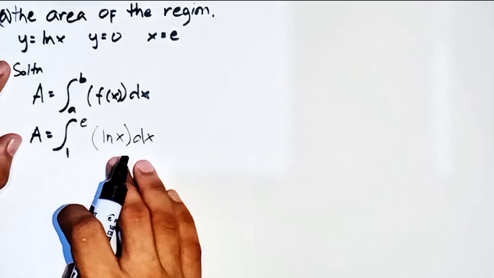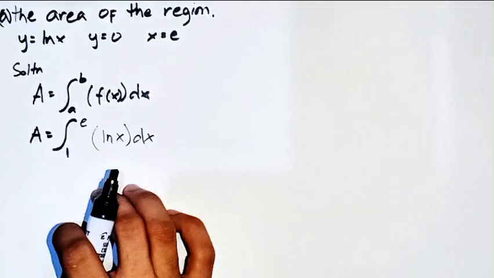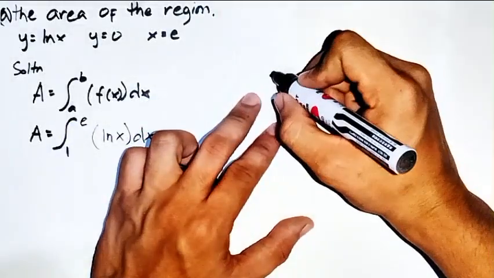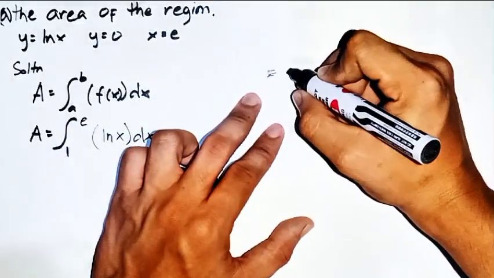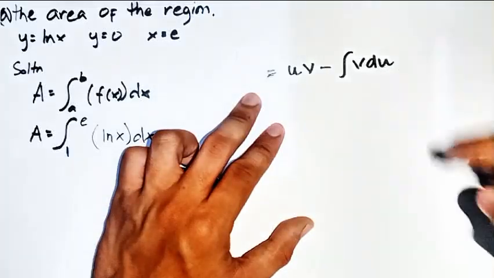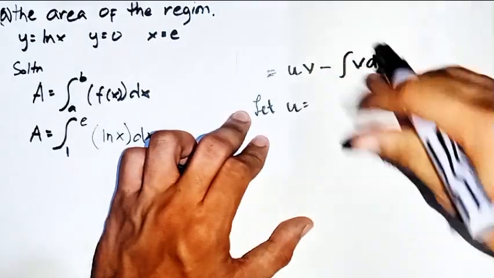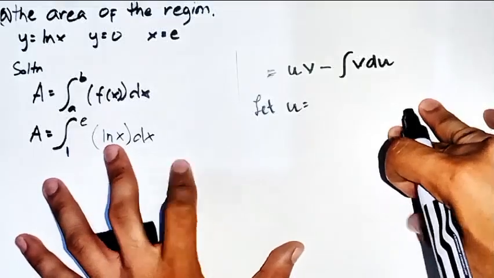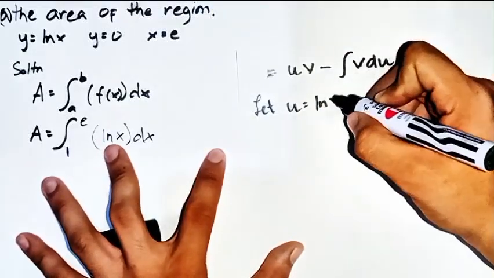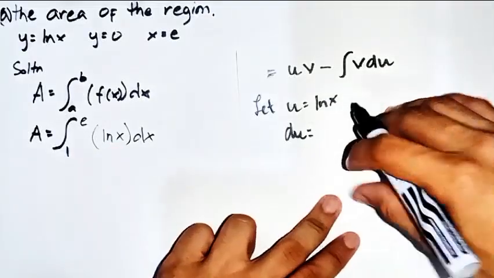So in integrating it, we must use integration by parts. As you can remember, the formula of integration by parts is u times v minus the integral of v du, right? So we are going to let u is equal to ln x, and du is equal to the derivative of ln x, we have 1 over x.